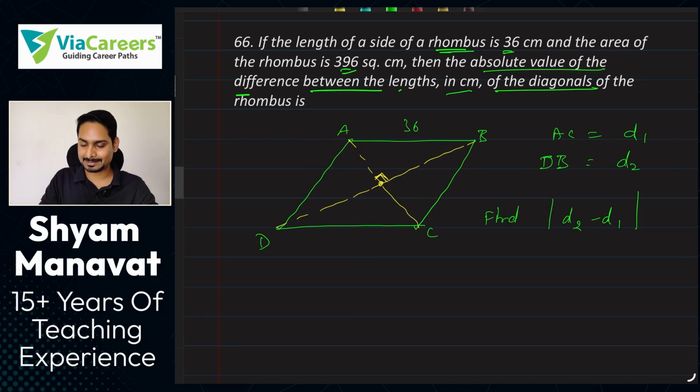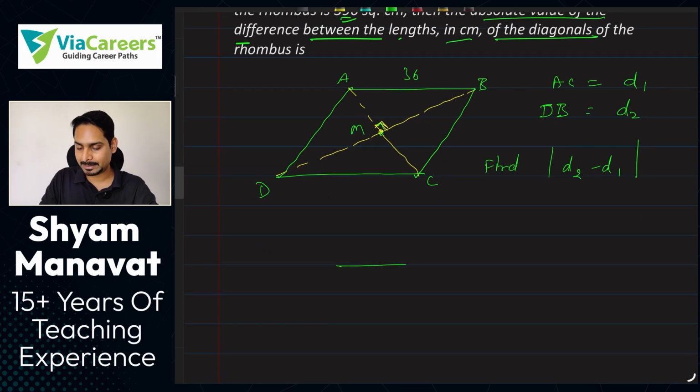First of all, it is a right angle triangle, right? Now, for the right angle triangle, let's say the point of intersection is M, and if I only take this triangle M, with A and B here.